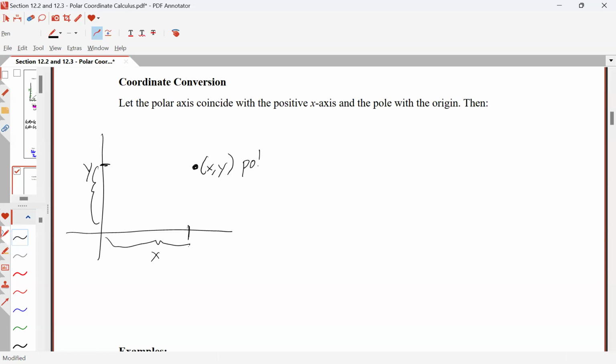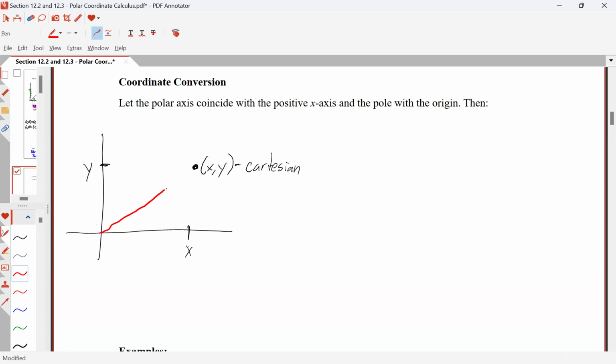Sorry, this is our Cartesian coordinate. This is what we've known before.